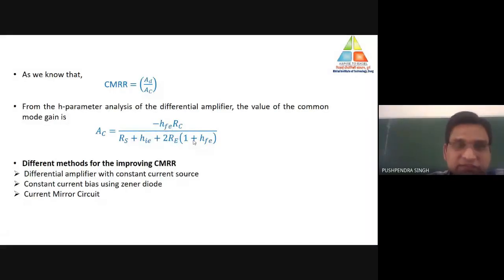For a particular circuit, hFE is also fixed. That means we may vary only the values of RE, RS or RC, which are the external parameters in the circuitry. And for enhancing the value of CMRR, as we know, the value of AC should be how much? 0.